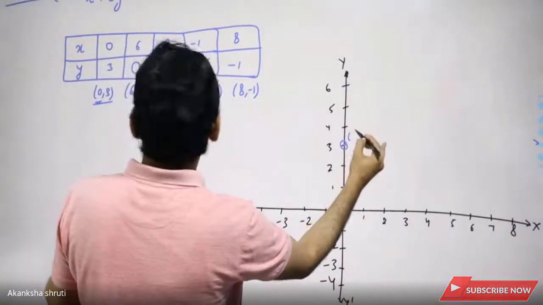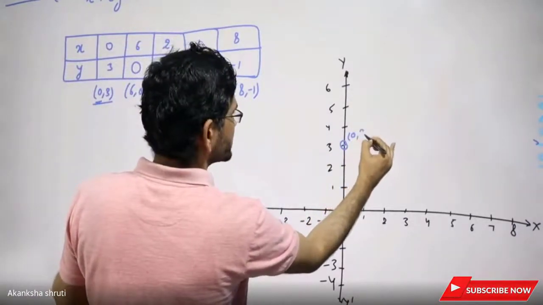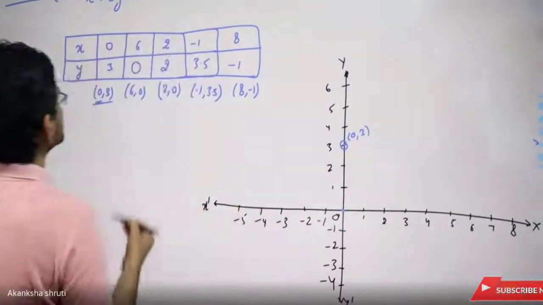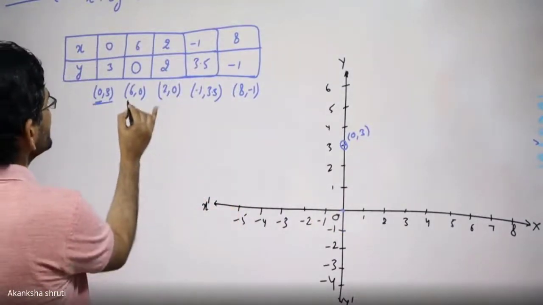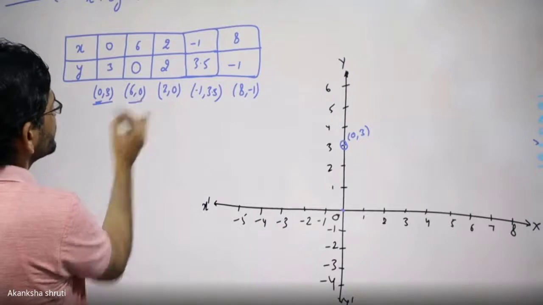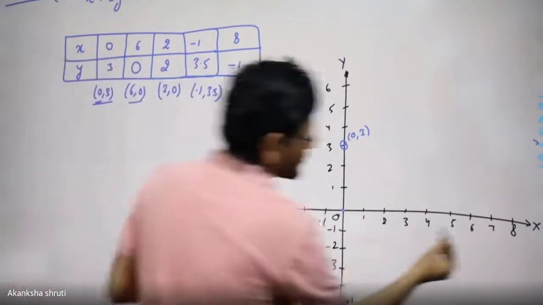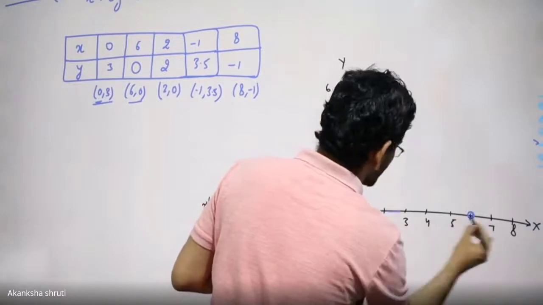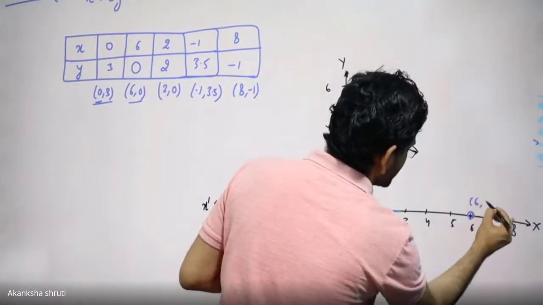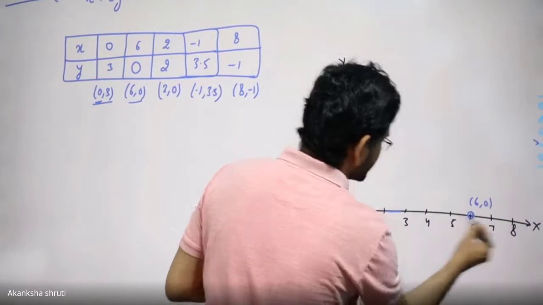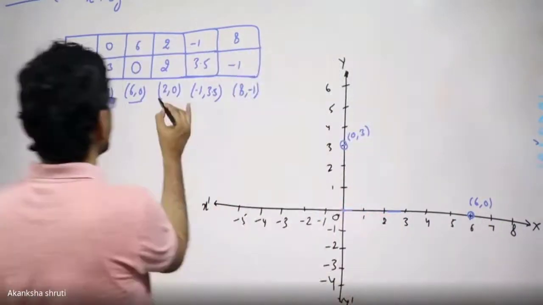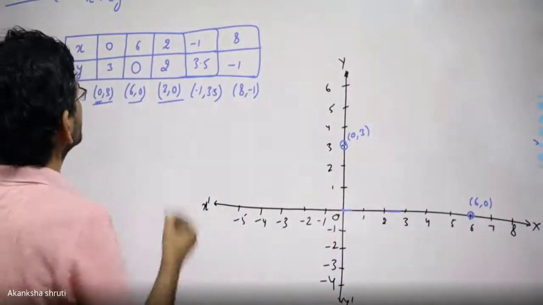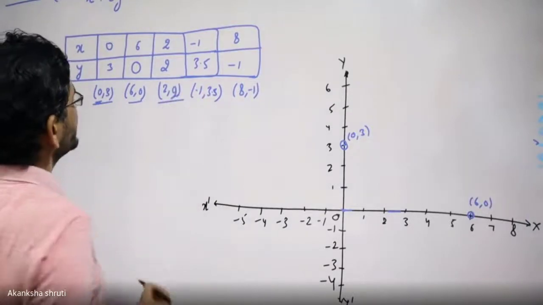This point is our 0, 3. Let us take the other one. X is 6, y is 0. Student, our x is 6. On the x-axis we need to move 6, but y is 0, so on the y-axis we need not move. That is the second point.